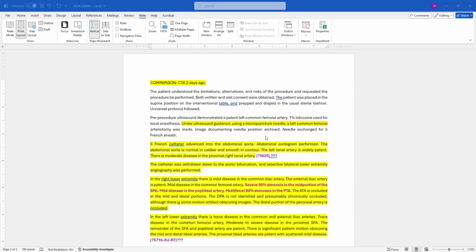Now, for this particular report that I received, I don't know if I received all of the documentation associated with the case. The only information that was sent to me was the first statement that says comparison was with a CTA 2 days ago. So that's the only thing that I know about prior imaging. With that being said, I don't have the ability to determine in this particular case whether or not we're going to report diagnostic angiography.